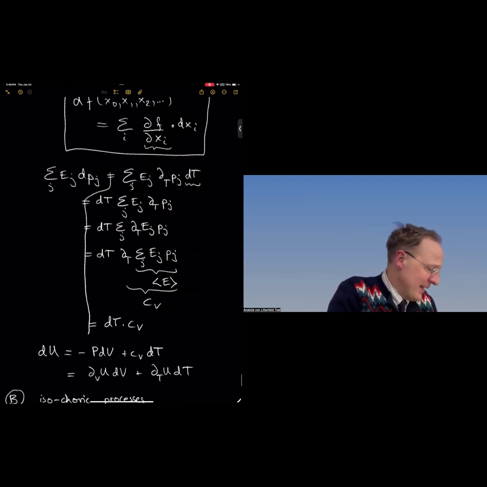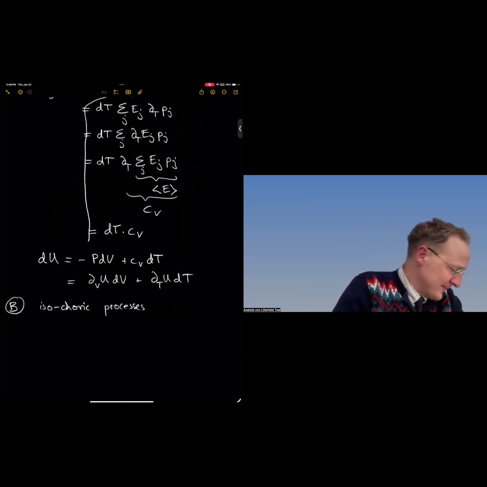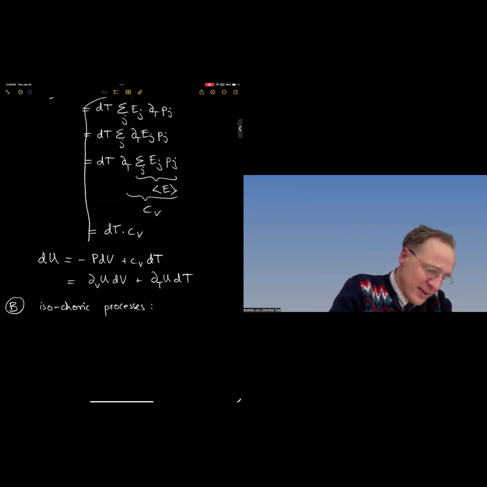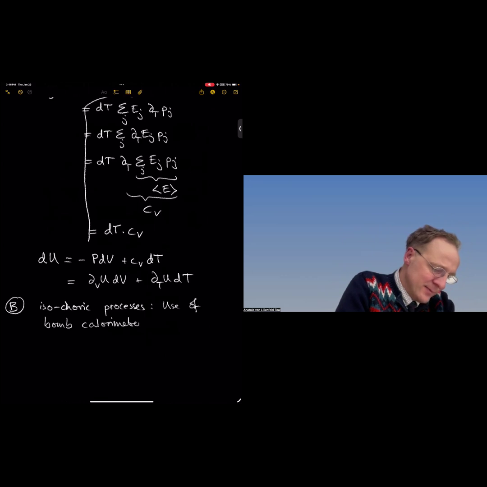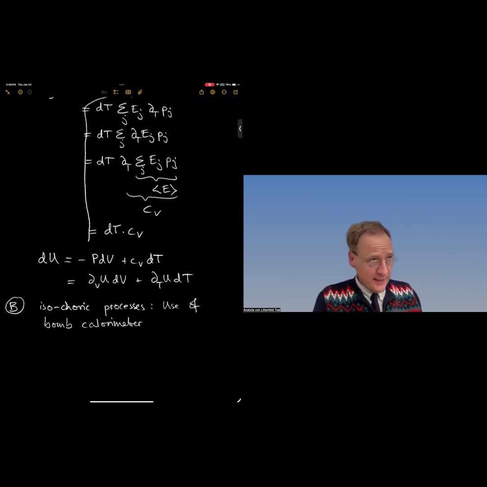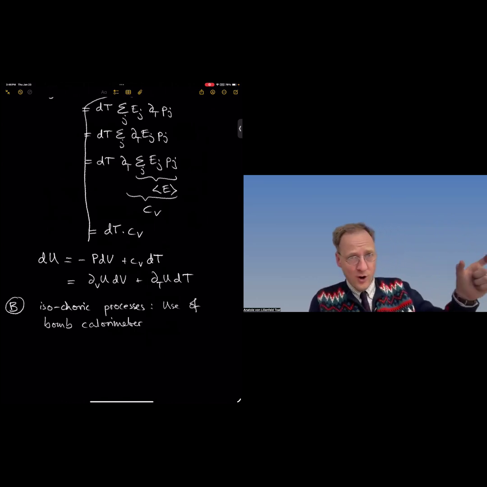Now, if I have an isochoric process, which typically requires use of a bomb calorimeter. I don't know if you've seen these bomb calorimeters. These are thick steel walls, right?